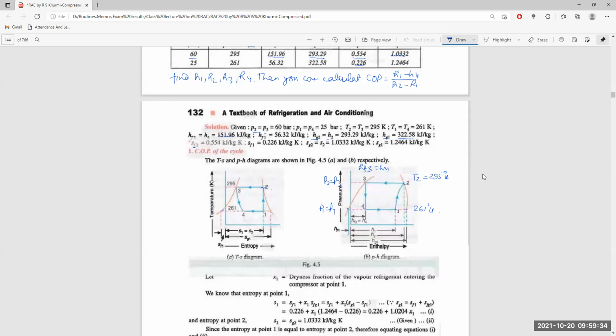We have calculated both of them, so we put them here. H1 is 2.96, and 266 is given, this is calculated, minus 151, Hf at point 3 in the liquid state, which is equal to 1.596, which is given here. So 1.4.96 itself.